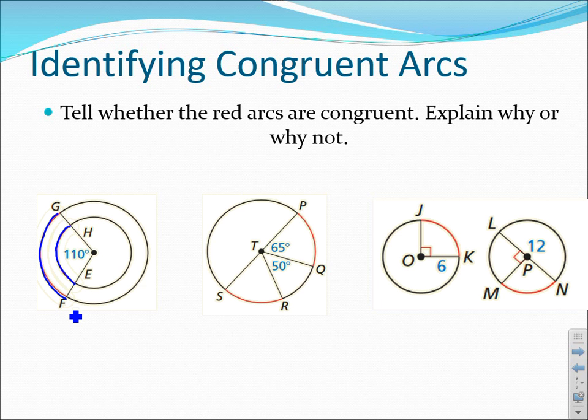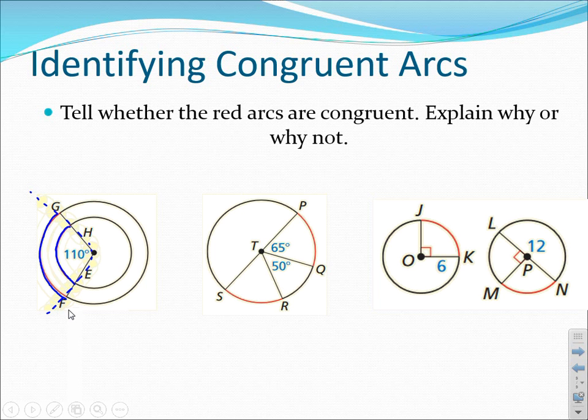Going back to vocab here, what you have are concentric circles. So you have one circle within the other. You have to stop and think: yes, their central angles are the same because they're both formed by 110. But do we actually have congruent circles? The answer is no, because the radii of these circles are not the same.